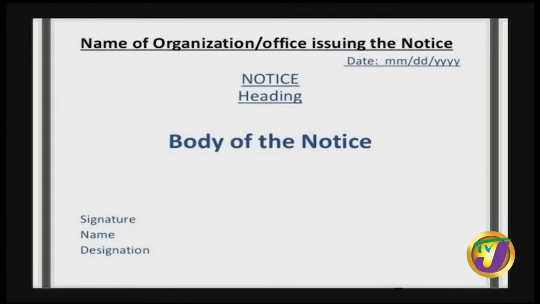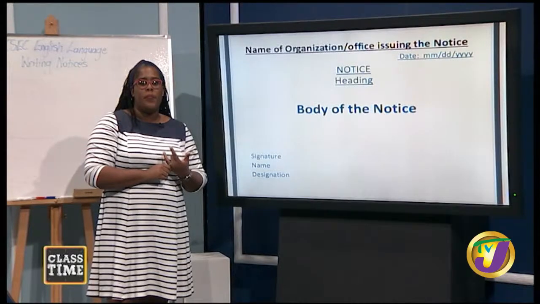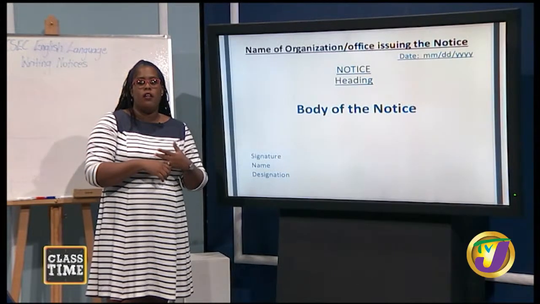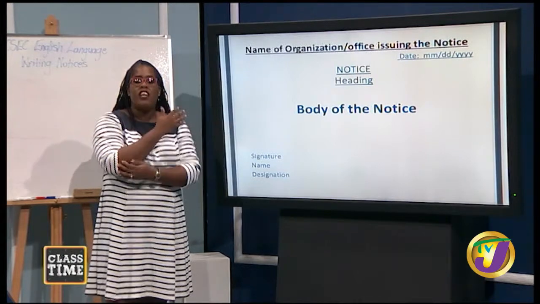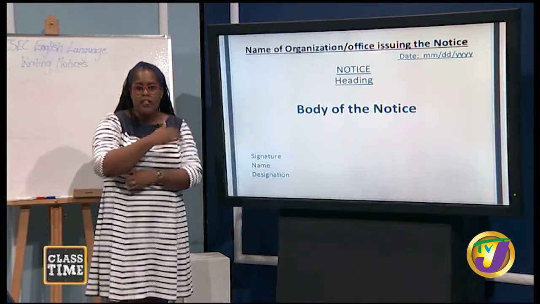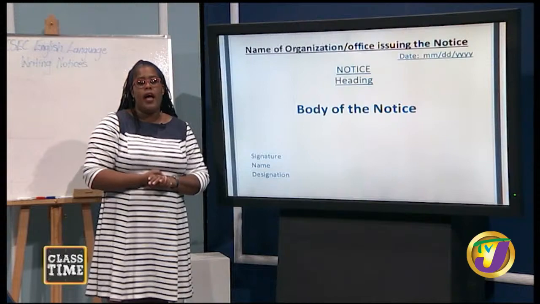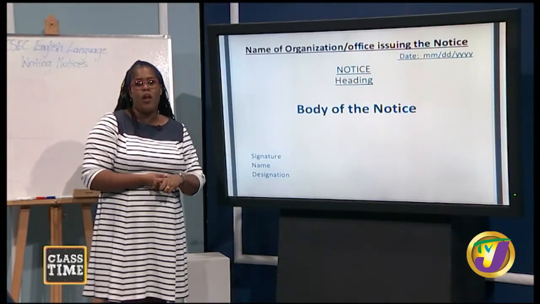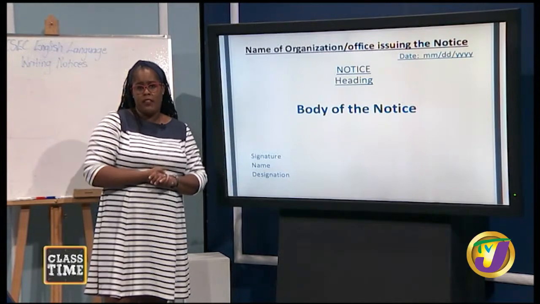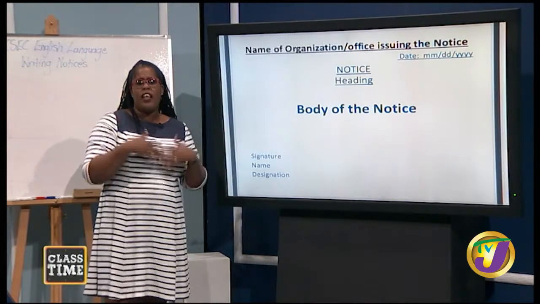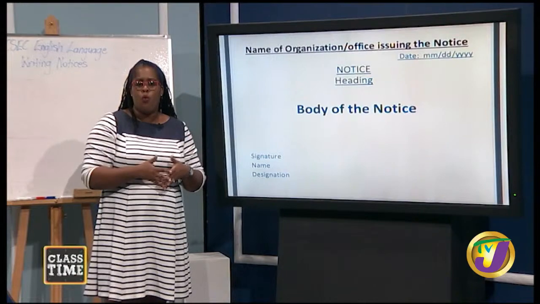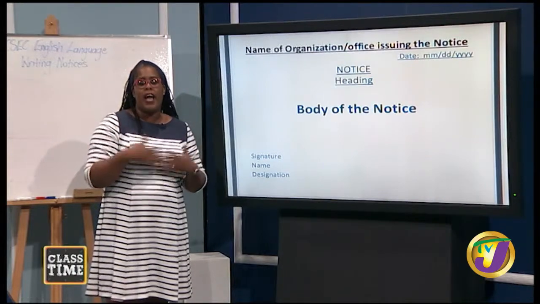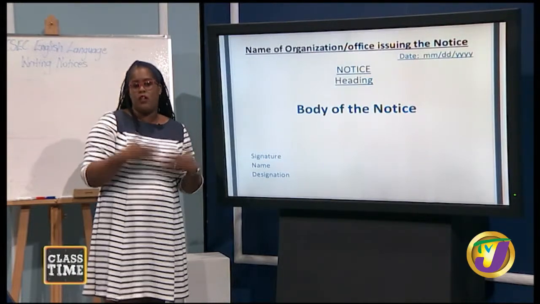I would maybe mention the particular location of the swearing in. King's House, very good. The dignitaries or the guests should be seated at a particular time. All of these things let persons be in the know as to what is going to happen as it relates to this particular swearing in.